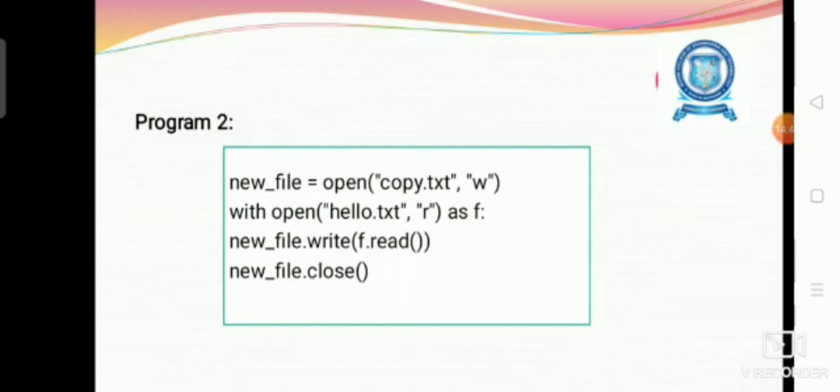In the single statement itself we have done the read operation from the hello.txt file, and in the same statement we are writing the content into the new file. New file is the file object created for the file copy.txt, isn't it? So we have copied the contents from the hello.txt and pasted the contents into the file copy.txt. So always we will use the file objects for referring the files. Finally we have closed the files.